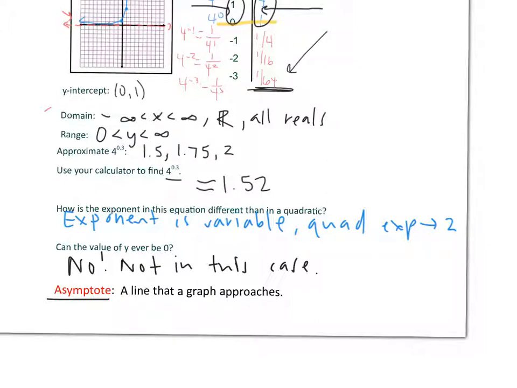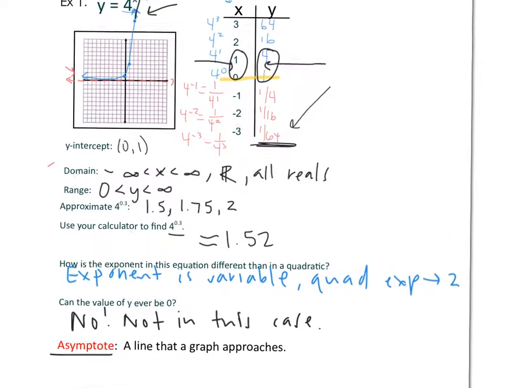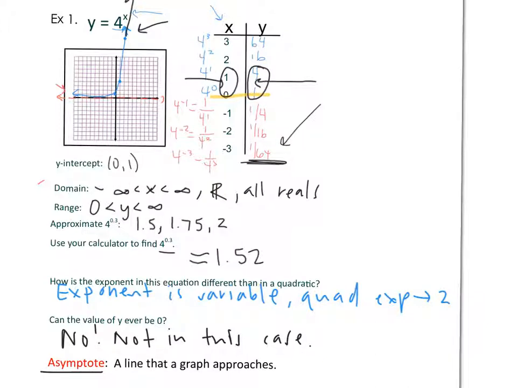If I scroll back up to our graph here, you see this red dashed line, the x-axis, which is also y equals 0. That's an asymptote for this graph, because the graph will never actually reach 0, but it will get very, very close to 0 as it continues with its equation, with its graph.